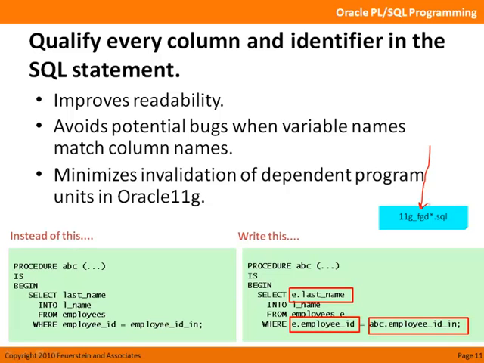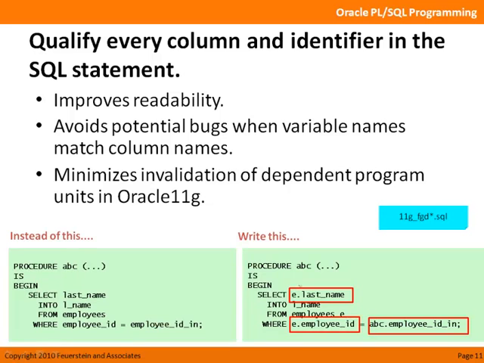So if your program doesn't work with a certain column in a table, and that's the column that changes, Oracle will not invalidate your program. And if you fully qualify all references to every single element, column, and variable inside your select statement, then Oracle will have further information available to it when it compiles your code and maintains the dependencies. And as a result, it will find even fewer causes to invalidate your program.